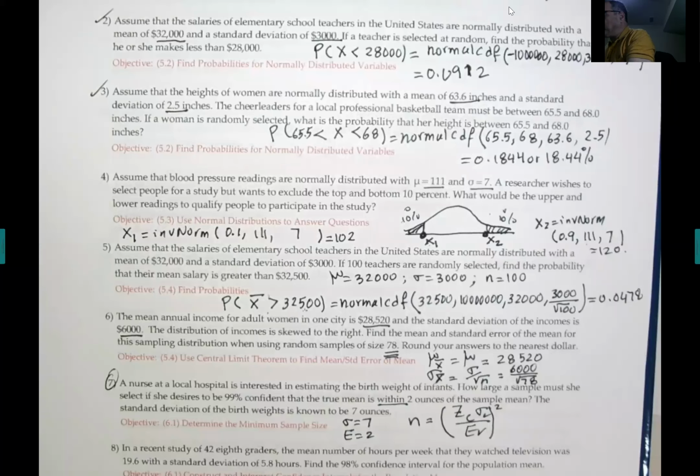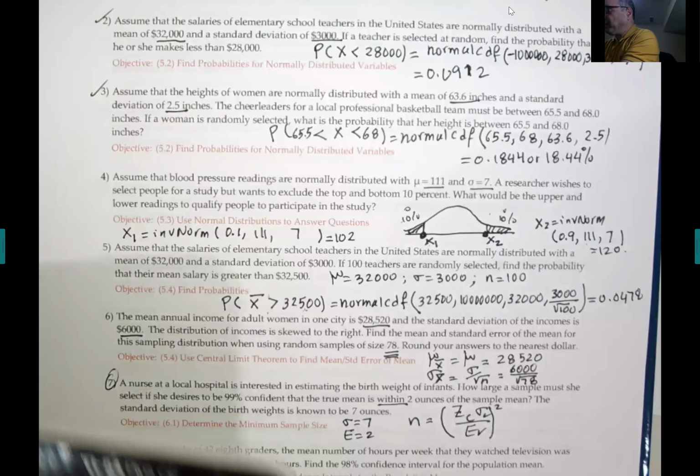So I'm going to show you how to demonstrate that on the calculator. Subtract 99% from 100%. So you get 1%. Divide the 1% by 2 because the confidence interval has 2 tails, on the right and the left. If you divide 1% by 2, what do you get? 0.005. And let me show you how to find those values.